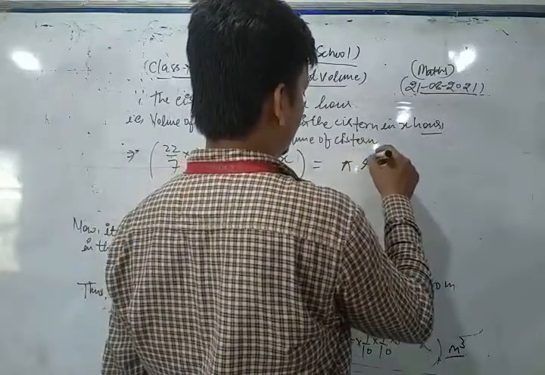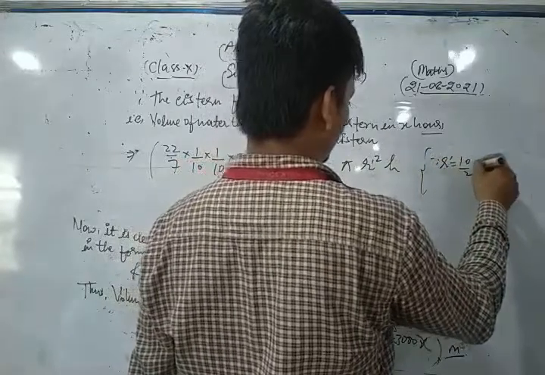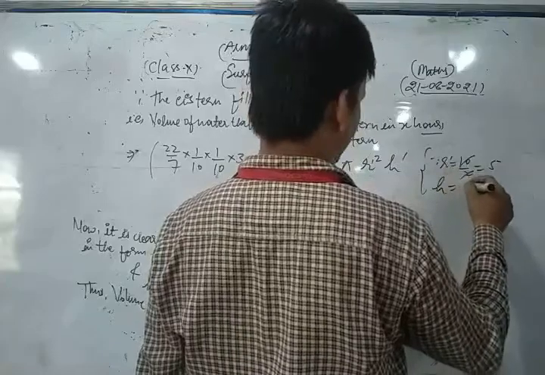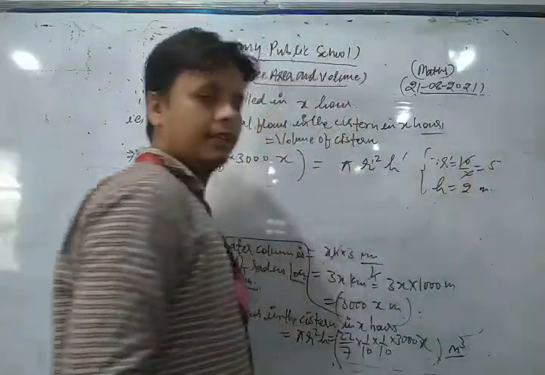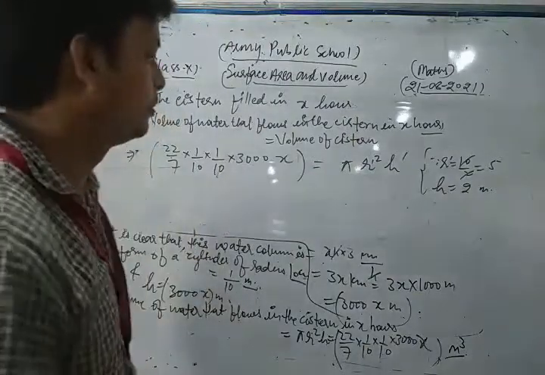By using the formula, volume is pi r dash square into h dash. Here r dash is equal to 10 upon 2, that is 5, and h dash is 2 meters deep, which is given in our question, dear students. Now put the values.